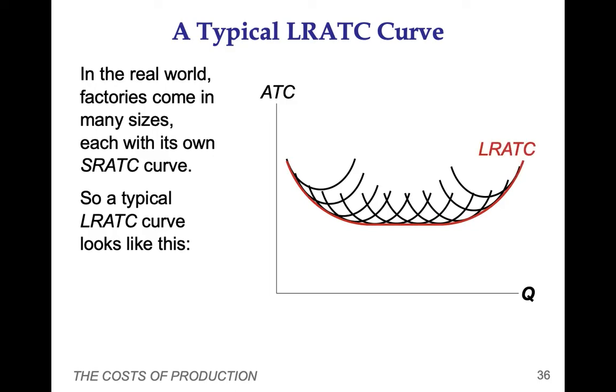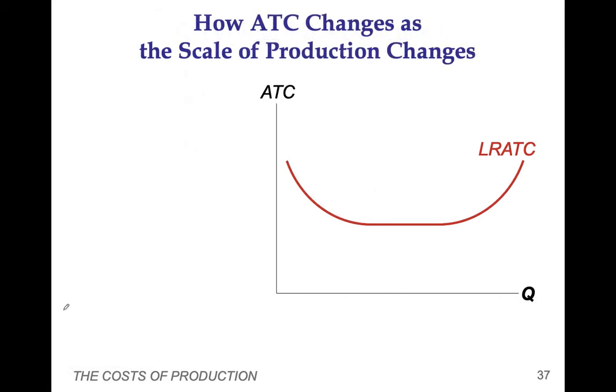If we do the same work we did in the previous simple example, we get this typical long-run average total cost curve that looks like this orange colored curve, which represents the long-run average total cost curve.